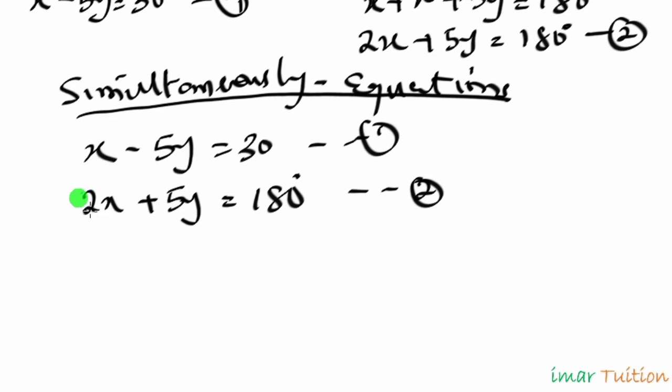Now, supposing we had x here and x here, we would say x minus x, and by using the elimination method we'd have 0. But we have 2x here, not x. So x minus 2x will not give us 0, and 5y minus 5y also will not give us 0.